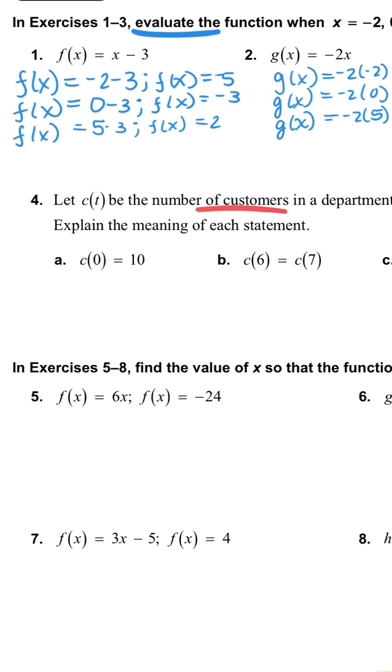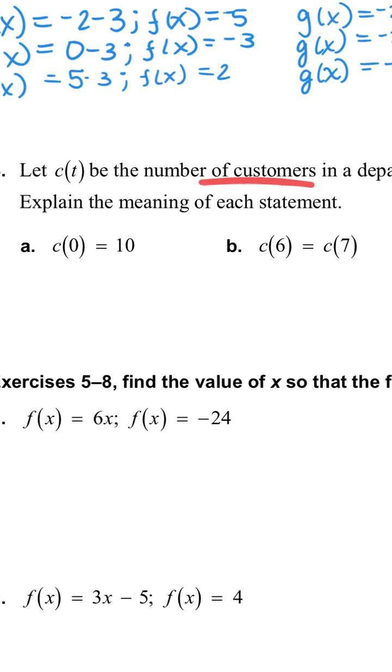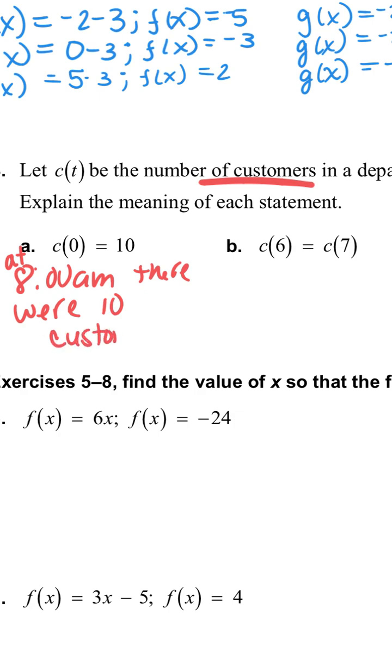Let me expand here with A. At what time do we start? 0 will be the start time of 8 a.m. So at 8 a.m., how many customers were there? At 8 a.m., there were 10 customers in the store, correct?